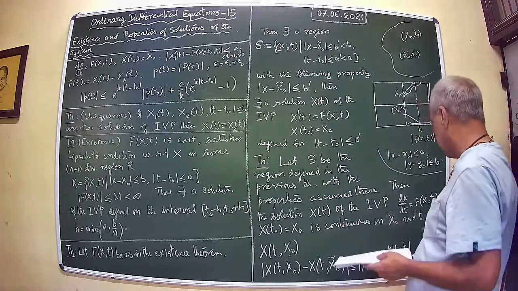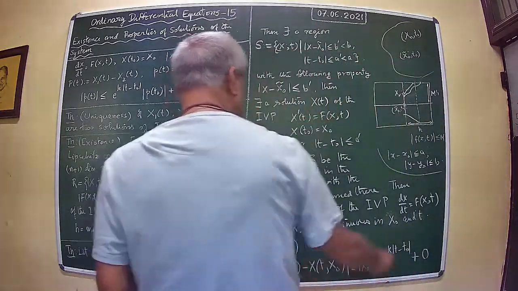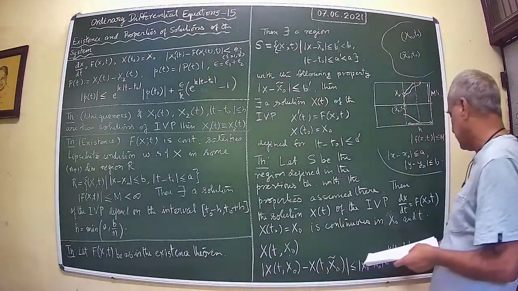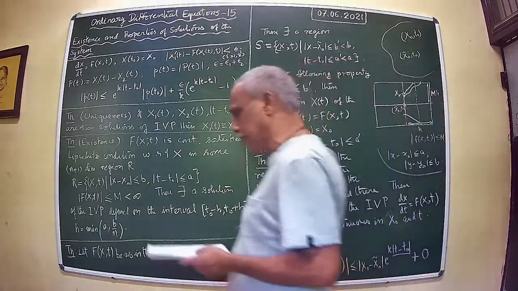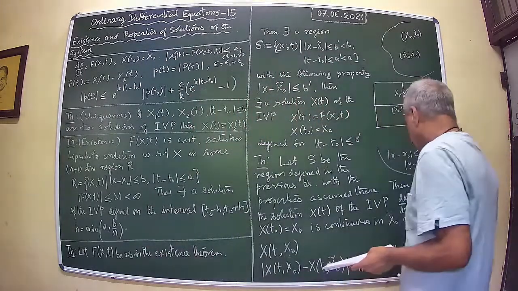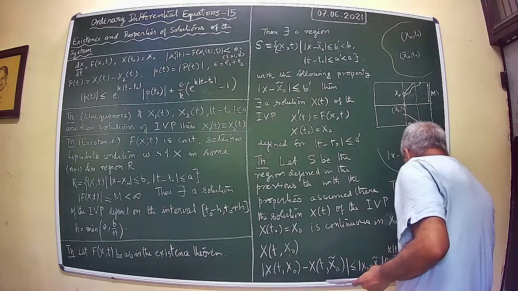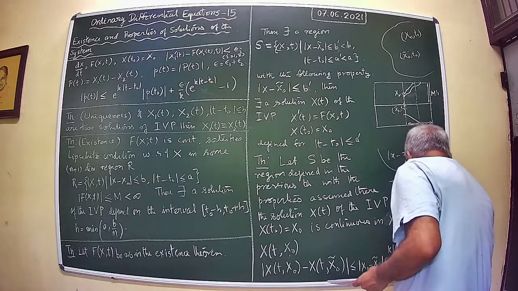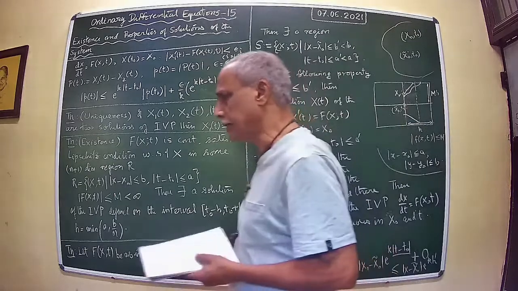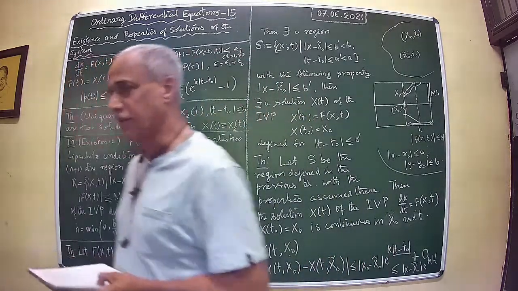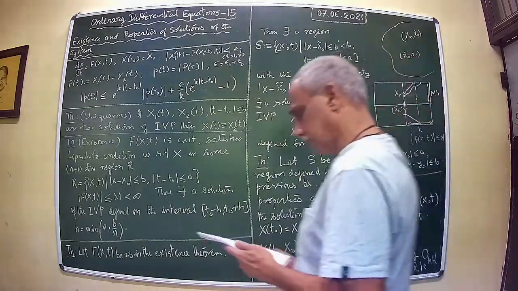Plus the other term is 0 because you are talking about exact solutions. Therefore, this is 0. So if you are working on an interval mod t minus t naught less than or equal to h prime or something like that, then you can replace this by h prime, where h prime is less than h. Okay, so this will take care of the continuity.